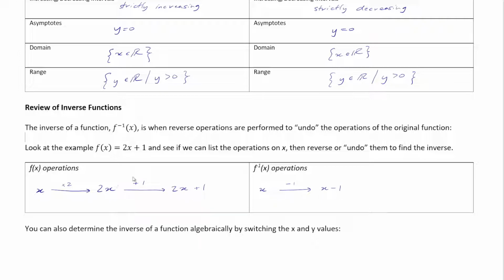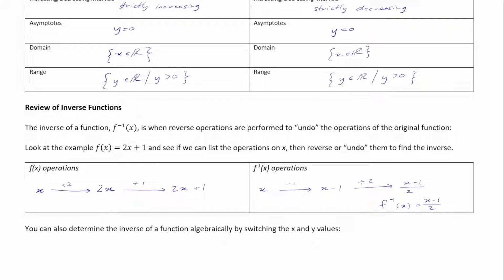We're going to go backwards from here. Then, instead of multiplying by 2, we're going to divide by 2. So we would have x minus 1 all over 2. And then we would say that the inverse is x minus 1 all over 2.